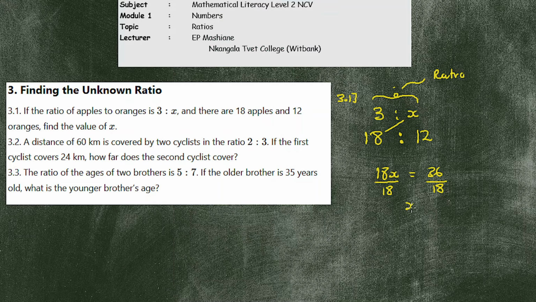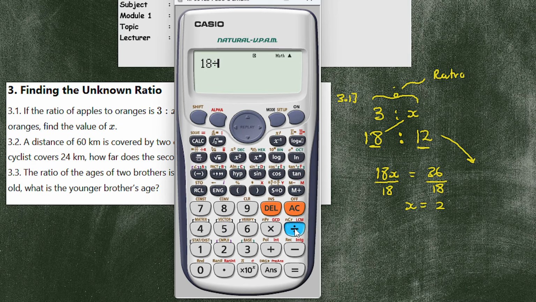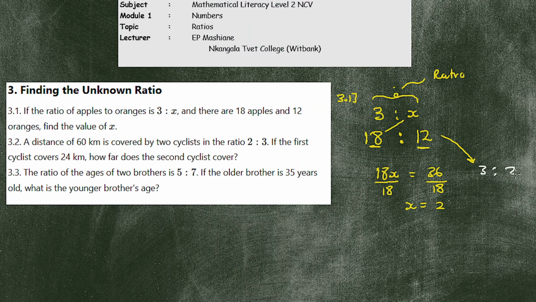I'm getting what? X as equal to what? 2. Or you can simplify these 2 values to their simplest ratio. So you're gonna do this, 18 divided by 12. Answer is what? Is 3 to 2. Then your answer is what? Is 2. That's another way of looking at this problem.